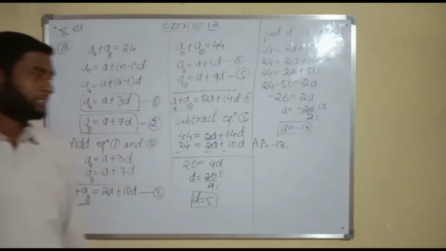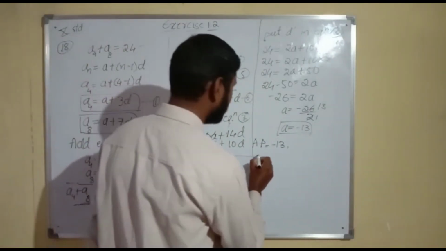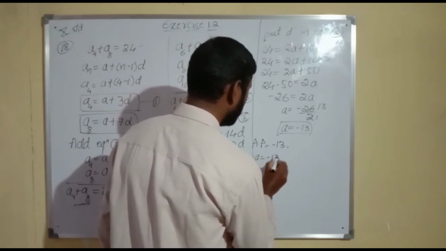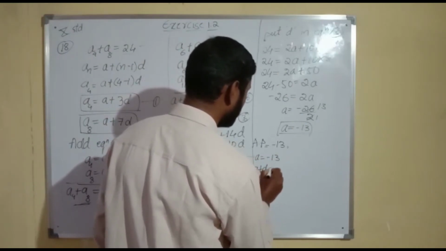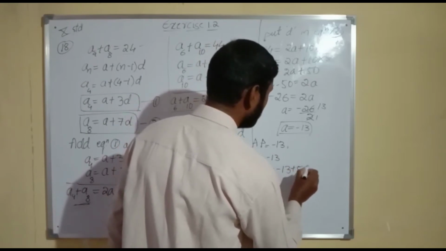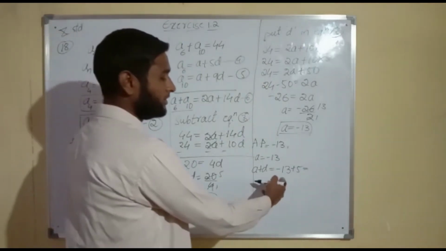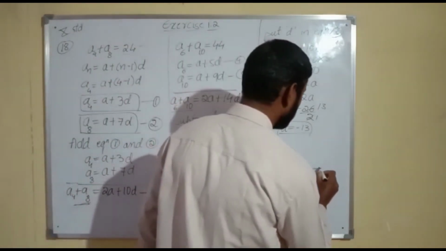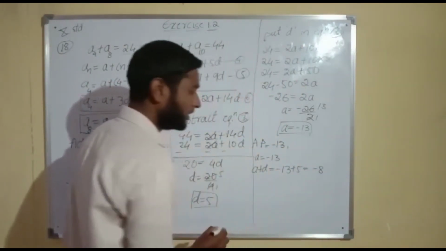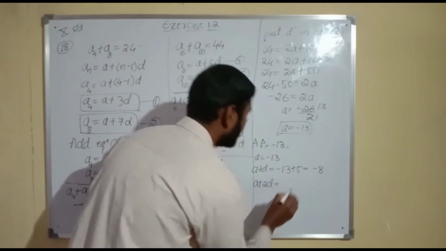See, to get the next consecutive term, how will I get it? To get the next term, a plus d is equal to minus 13 plus 5, because the value of d is 5. Minus 13 plus 5 is nothing but minus 8. To get the next term, a plus 2d.